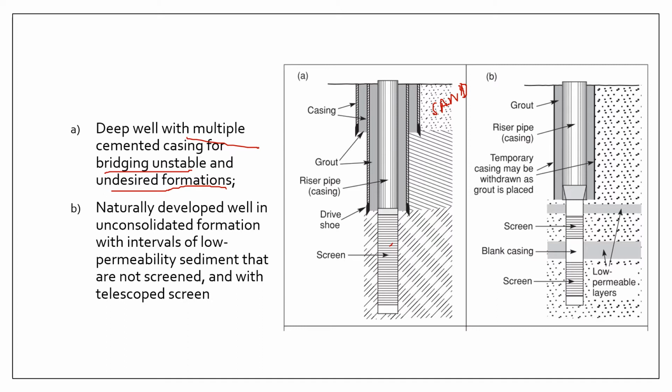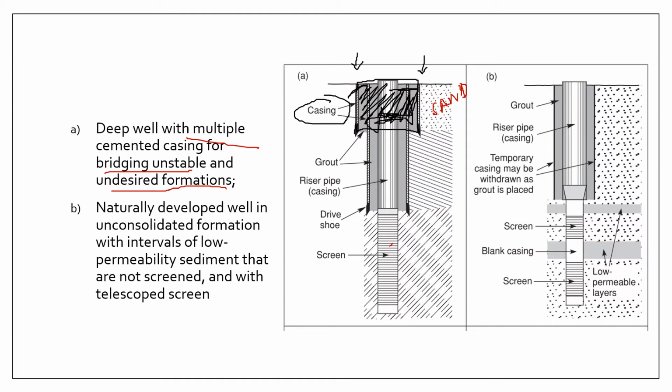What the drillers will typically do is first drill a big, large diameter hole in this undesirable formation, in this case loose sand, and they install a large diameter casing, which is this one.